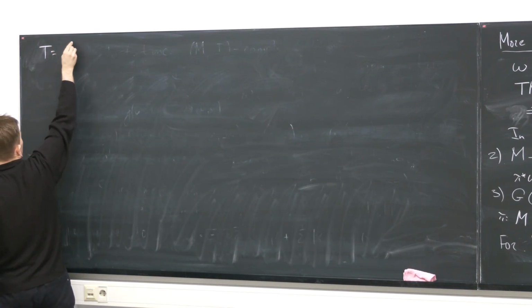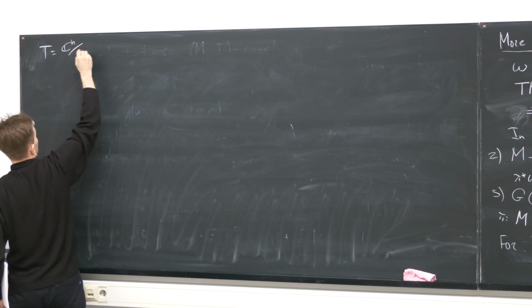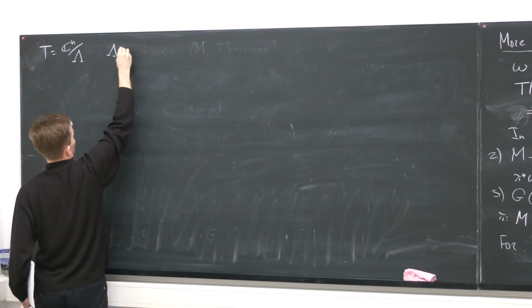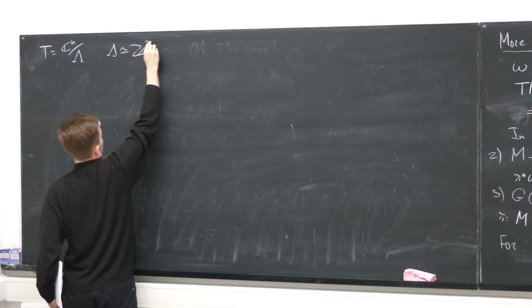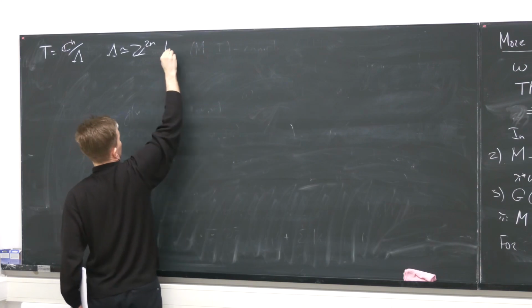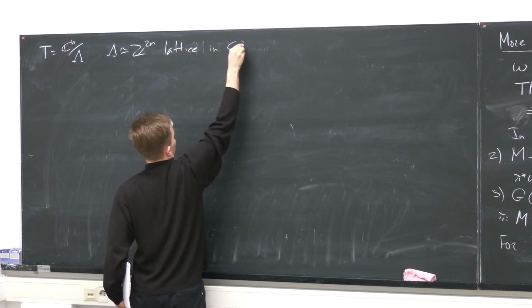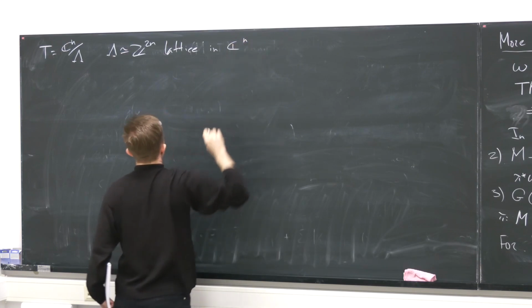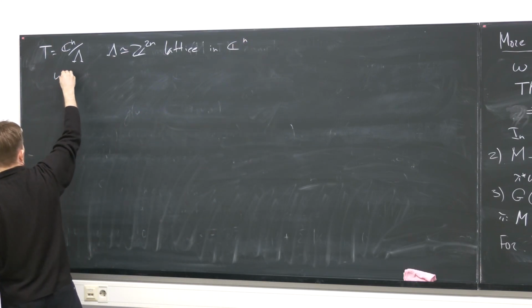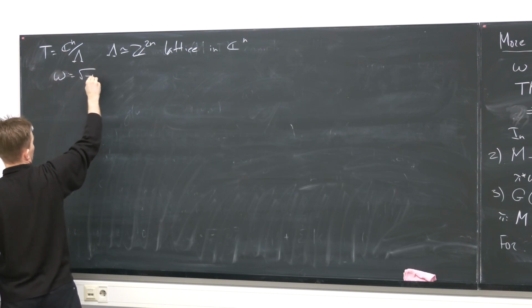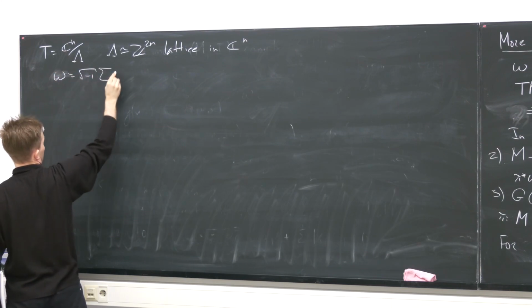So a complex torus is the quotient of Cn by some lattice Λ, which is isomorphic to Z^2n, a lattice in Cn, and I take the standard flat Hermitian metric on Cn.